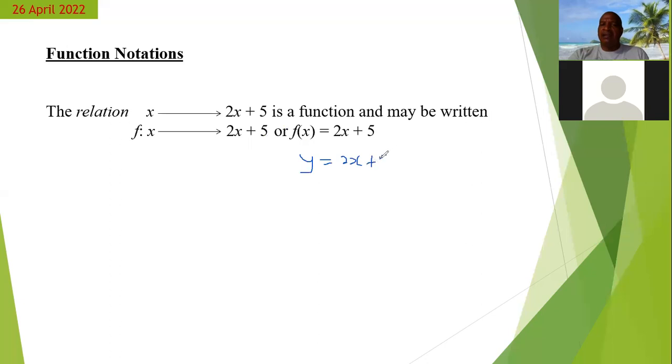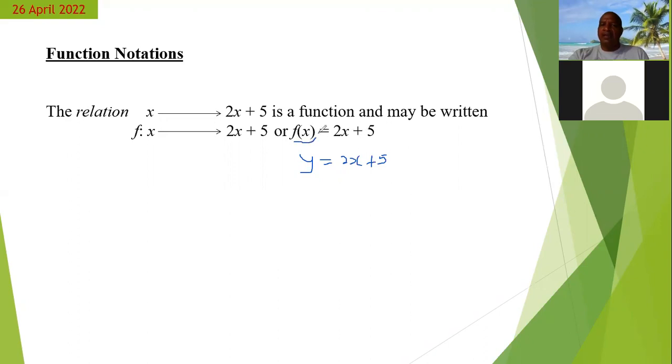Now, to just write it like this, we wouldn't be able to say that this is a function because we don't know the nature of how these values are mapped when we're using a mapping diagram. Now, the fact that these are referred to as functions means that we can tell clearly whether or not these functions or equations obey the one-to-one mapping or the many-to-one mapping. So it must be that these obey one-to-one and many-to-one.